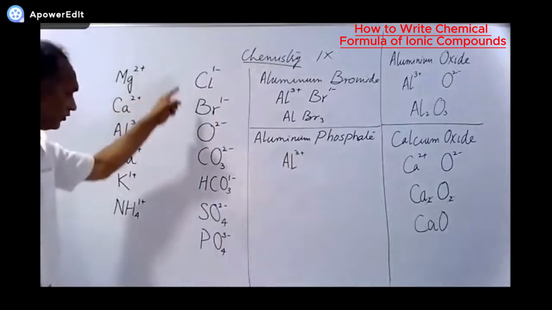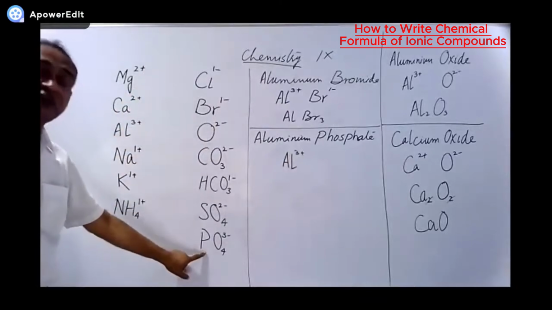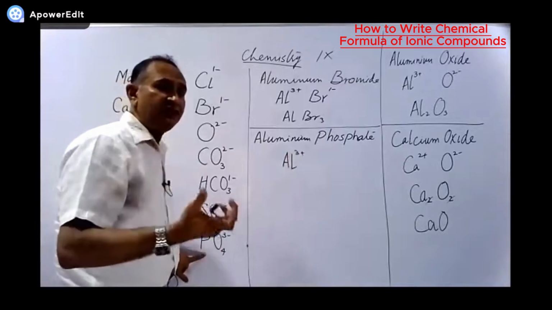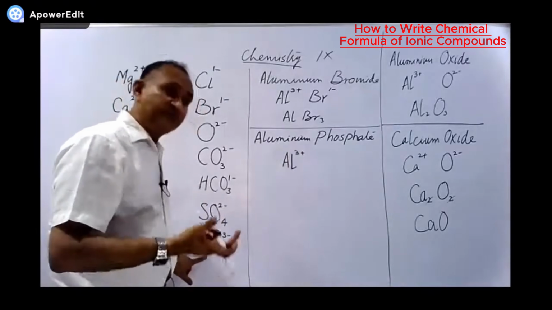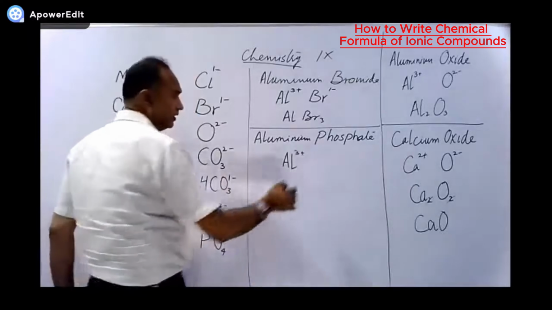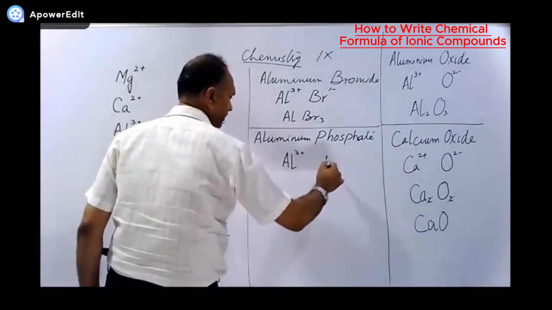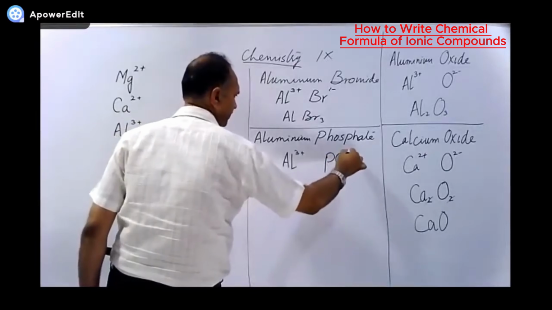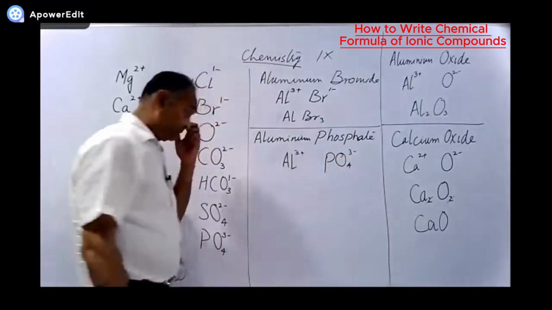Phosphate, where is the phosphate over here? This one is the phosphate. I told you that whatever we do today, it all depends on your practice of yesterday's slides. So this one is phosphate. PO4, 3 minus.